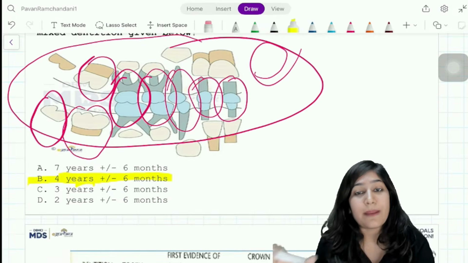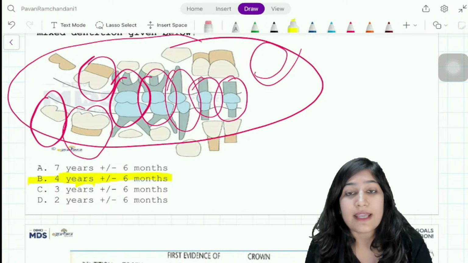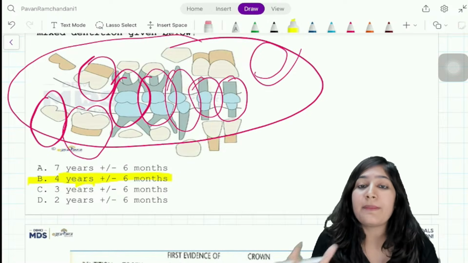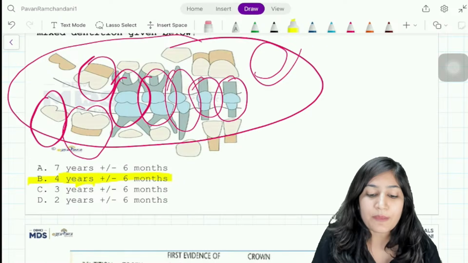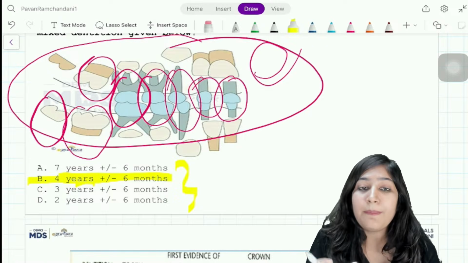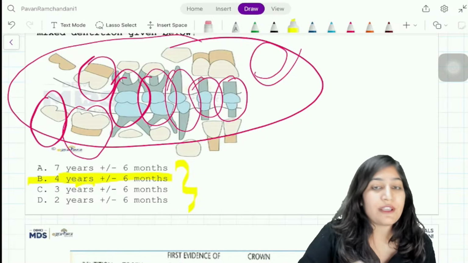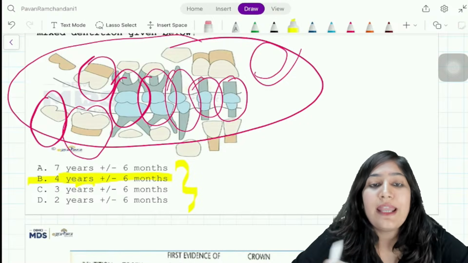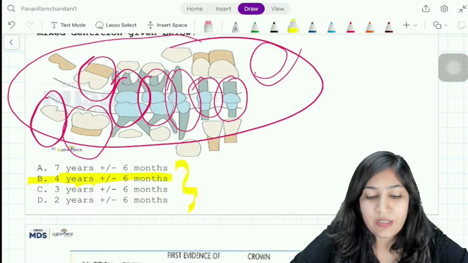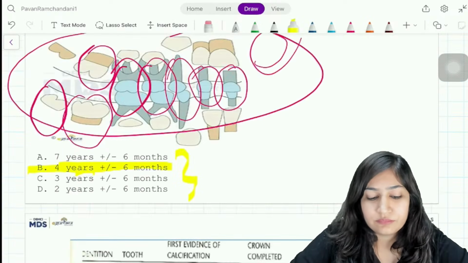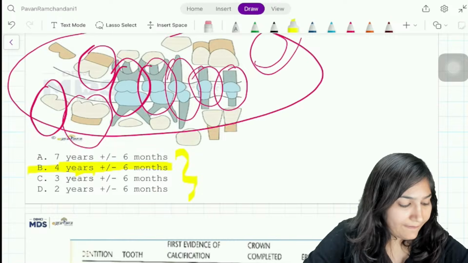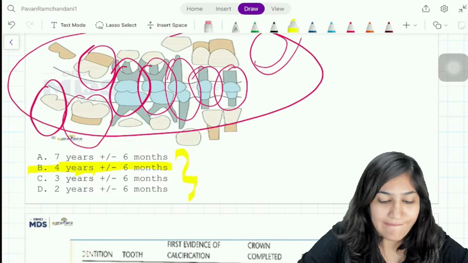As all the primary teeth are present, including the incisors, and no permanent tooth has yet erupted, from the given options, our best option is B, that is 4 years. If incisors would have been erupted, then you would have gone for the other option, right?